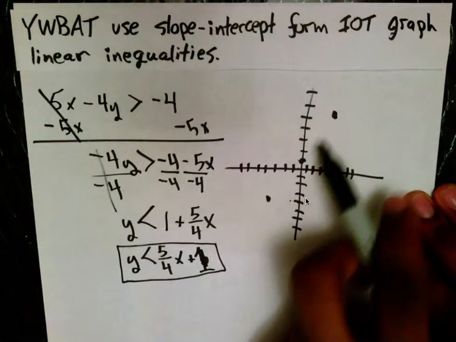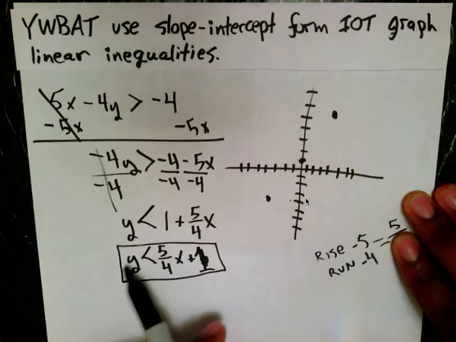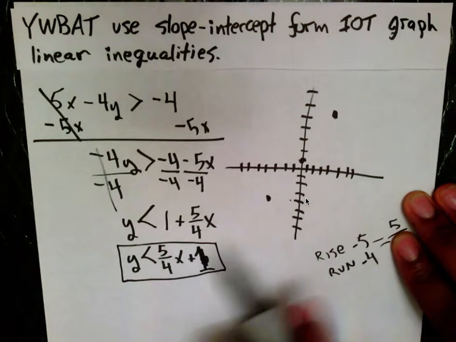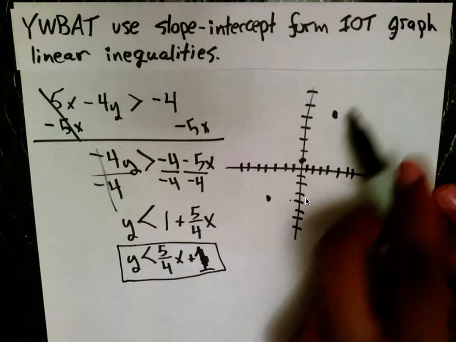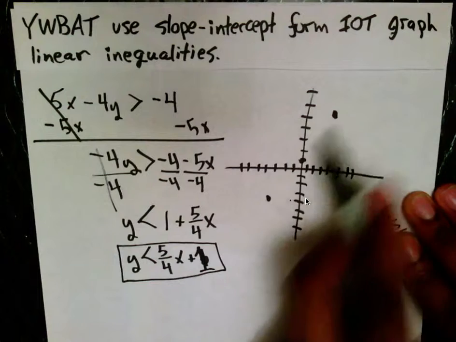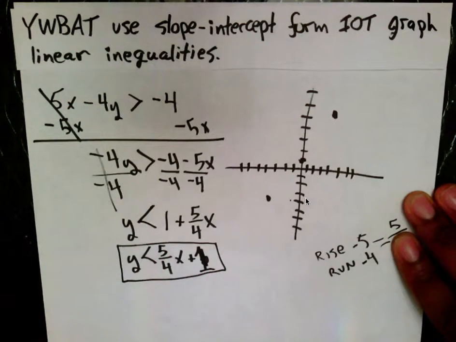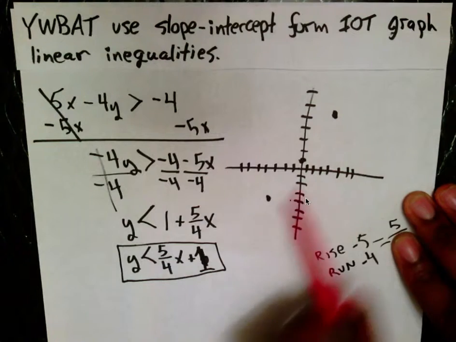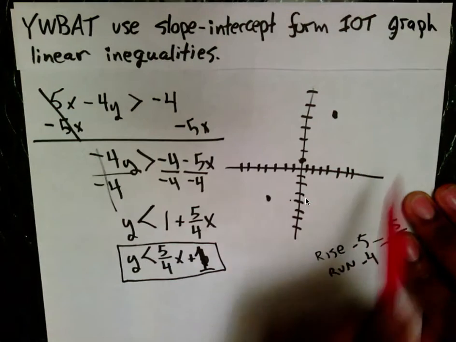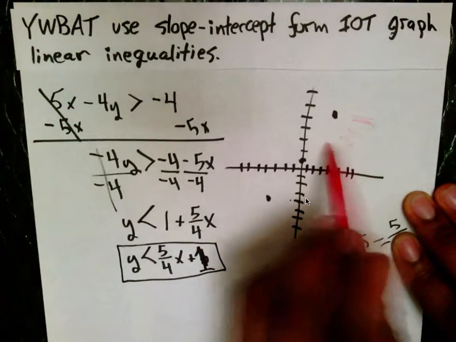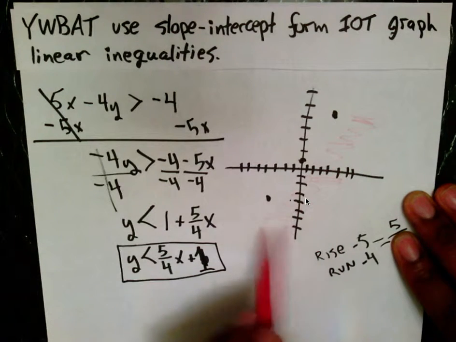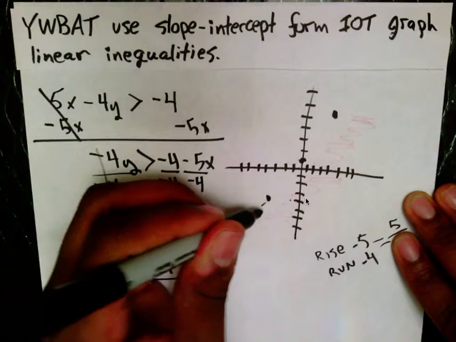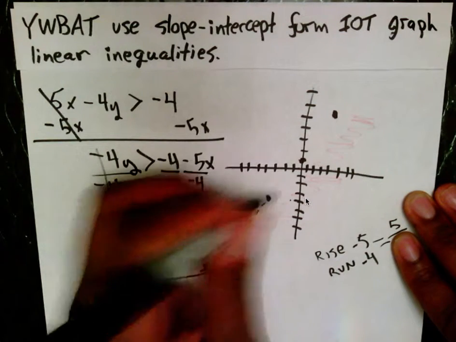But before we connect them, look, y is less than 5 over 4x plus 1. So if this were our line, y is going to be any value that is less than this line. So that's beneath this line. So anything beneath this line we shade in, but the line has to be a dotted line.